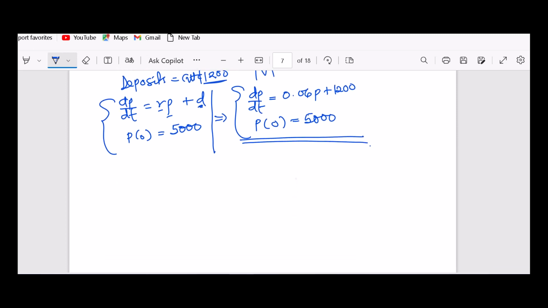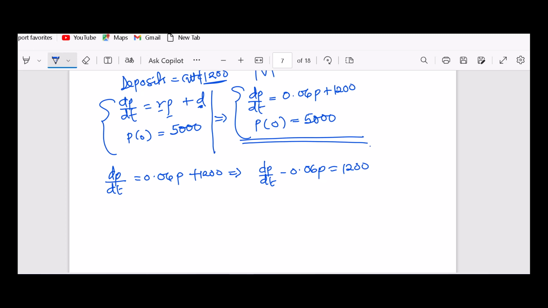So here we now need to solve this IVP. Let's see how we are going to solve that. We have dP/dt equals 0.06P plus 1,200, which implies dP/dt minus 0.06P equals 1,200.